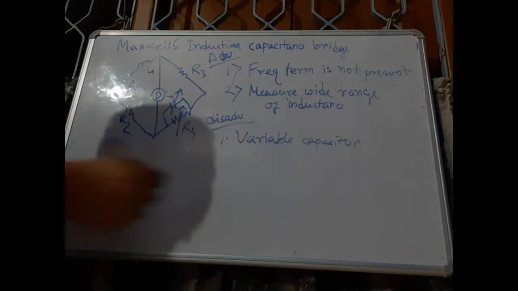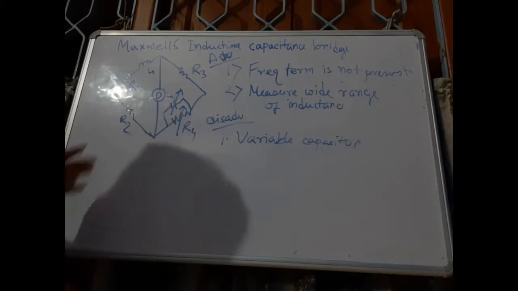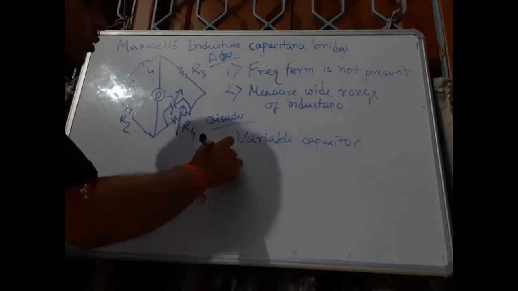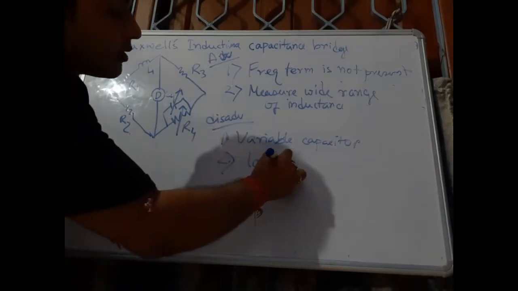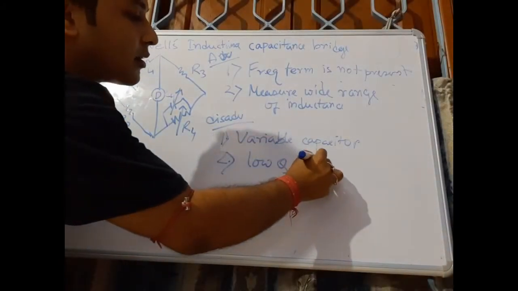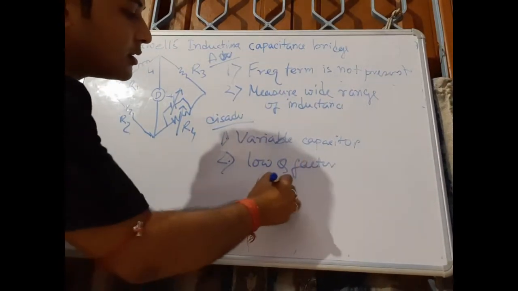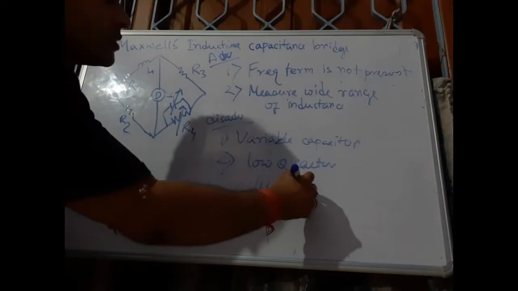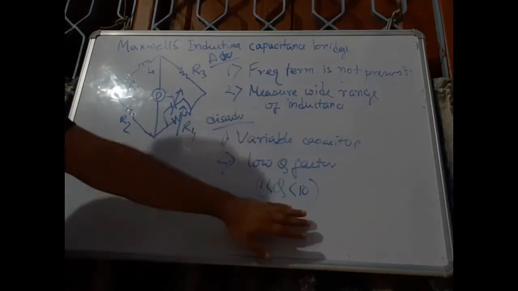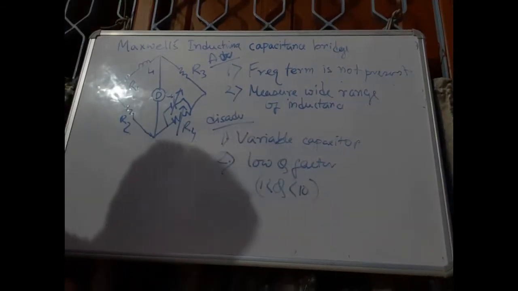A capacitor of very high voltage is very costly, and it has a low Q factor. The range of Q factor for this bridge is between 1 to 10.